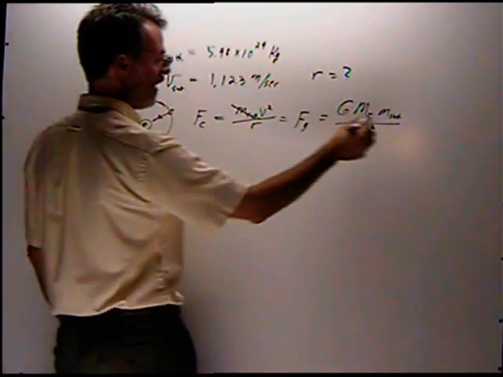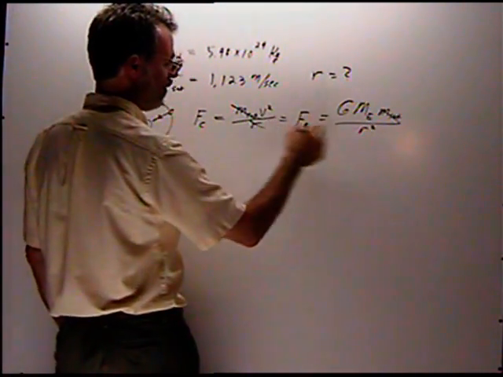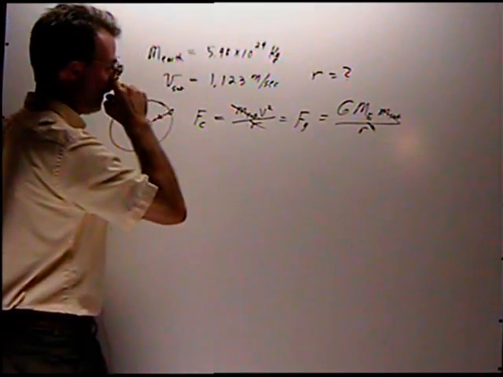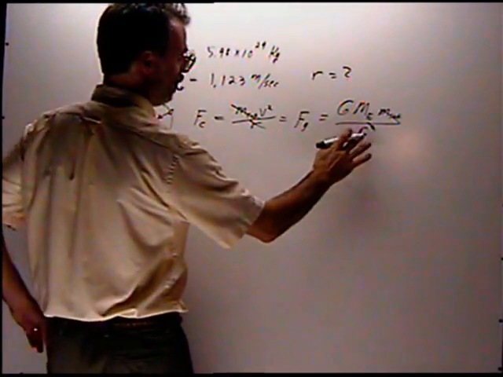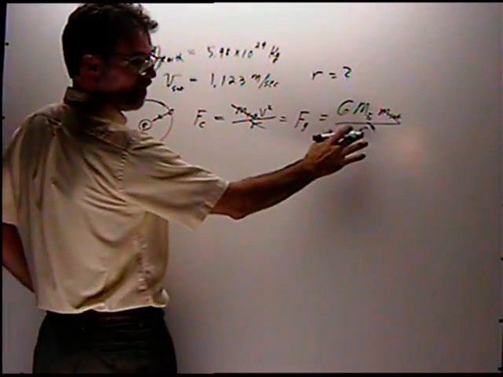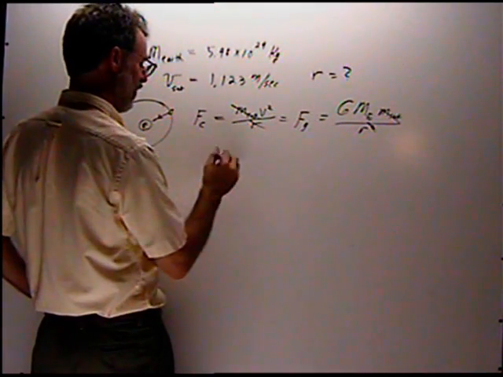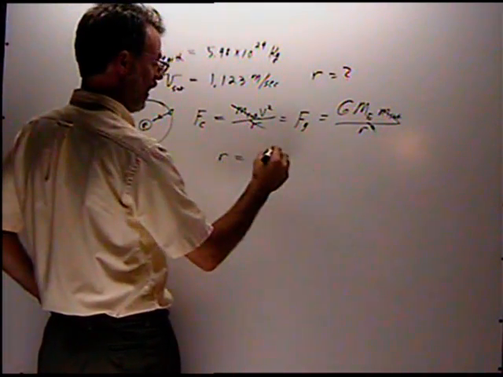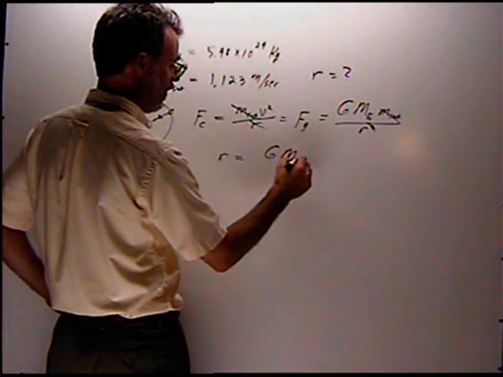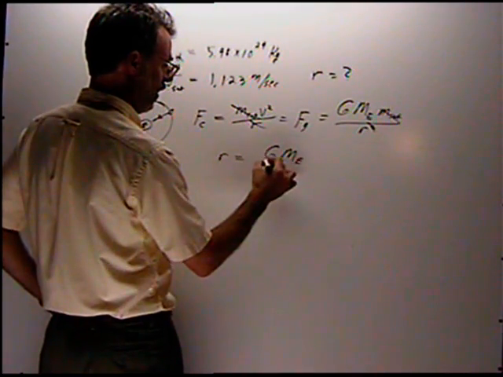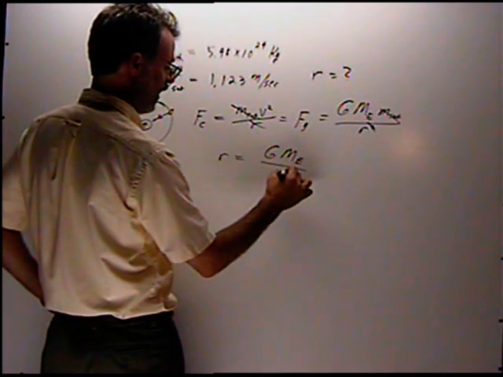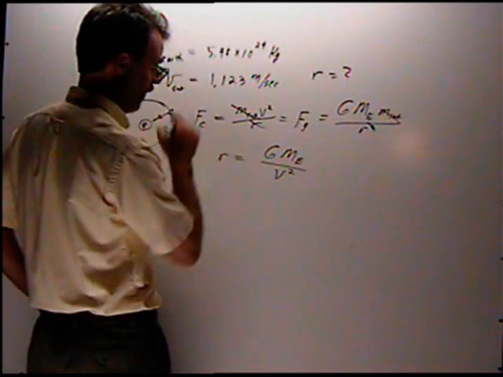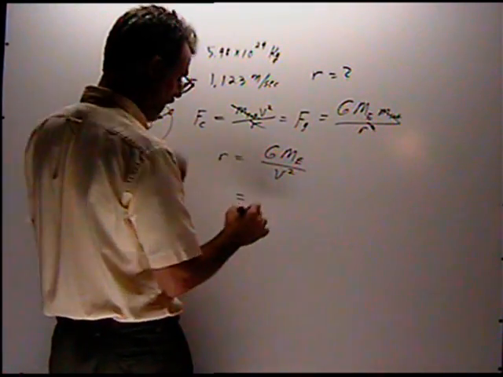Again, the mass of the satellite cancels out. One of these r's cancels out, and we want to solve for r here, so I'm going to move this radius to the left-hand side, and then we'll get G times the mass of the Earth divided by the velocity squared. Well, let's go ahead and just plug into that.